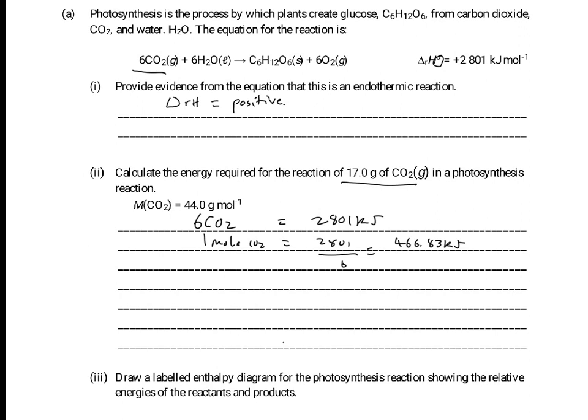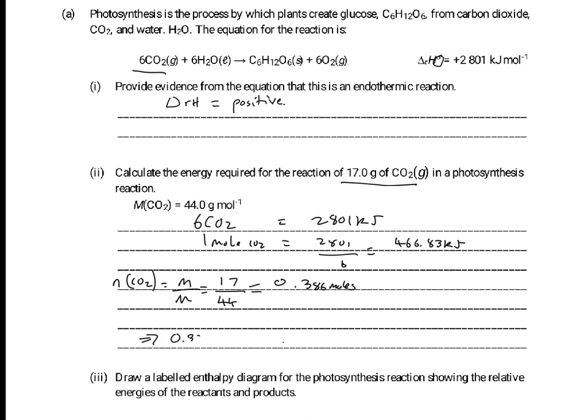Now, in this particular question, we don't have 1 mole, we have 17 grams of it. So if we convert 17 grams into moles, using the formula mass over molar mass, we get 17 over 44, which is the information we're given, and you get 0.386 moles. So instead of having 1 mole of CO2, we have 0.386.